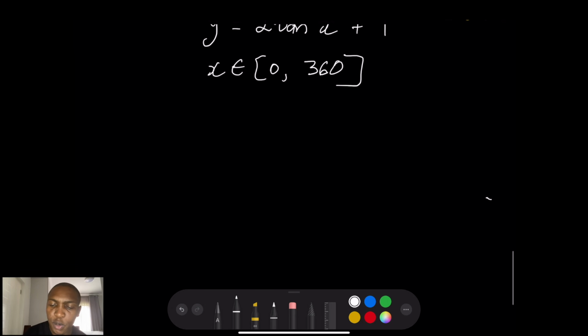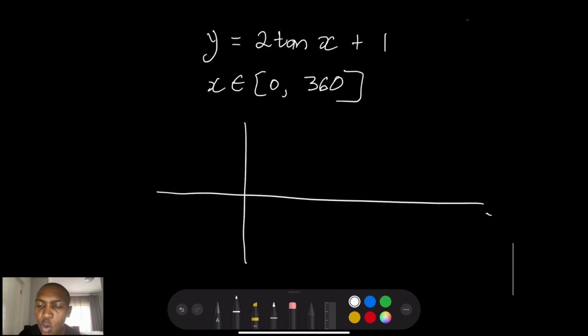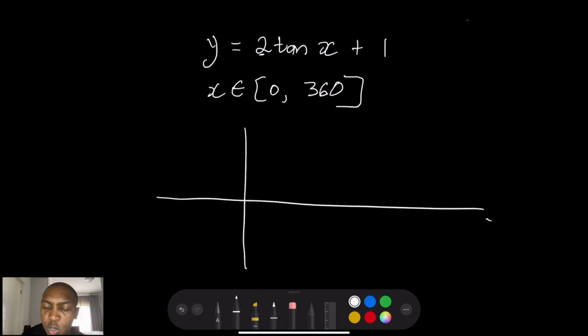So all I'm simply going to do, once again, I know in this case that my amplitude is 2. But for the tan graph, you only need to worry about the amplitude when it comes to the values of 45.